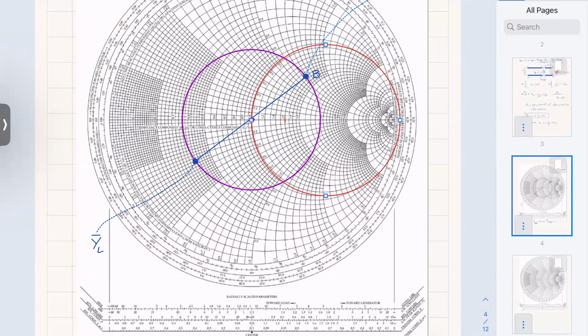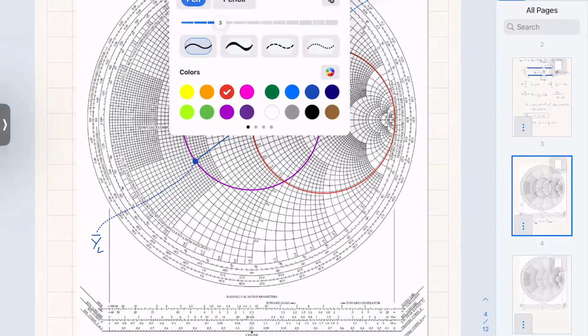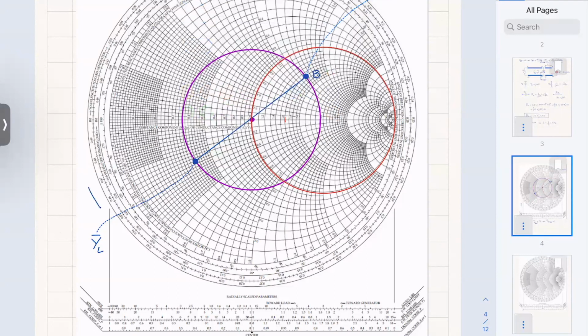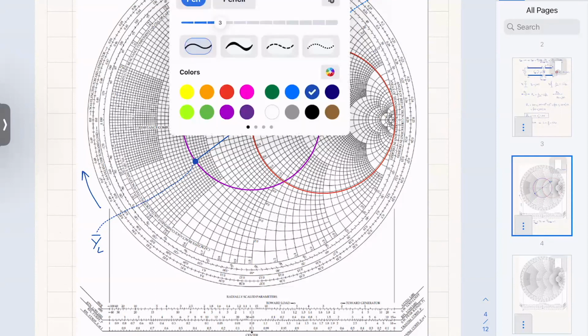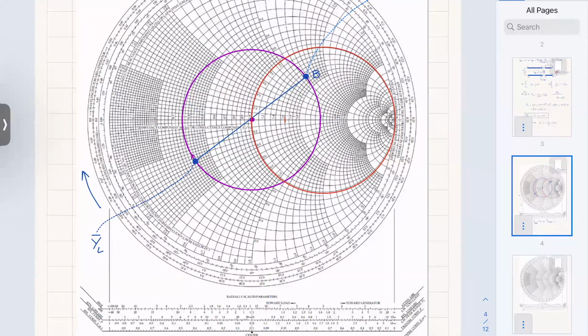So practically, I have to move, always from here, towards the generator. So this always. Therefore, I have to move here. You will see how I'm gonna do that. I will have to move from this point until I make the real part of this normalized impedance 1. Okay, I stop here.